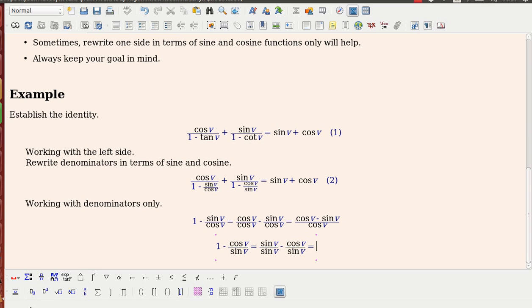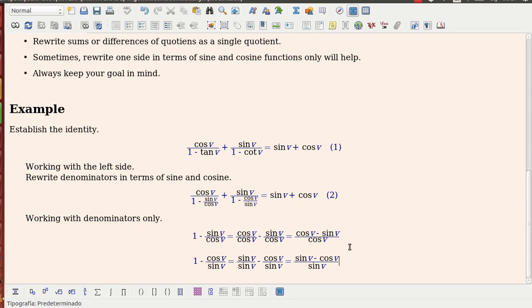So that equals sine of b minus cosine of b divided by sine of b. Now remember guideline number 4: always keep your goal in mind. We just worked with denominators only.